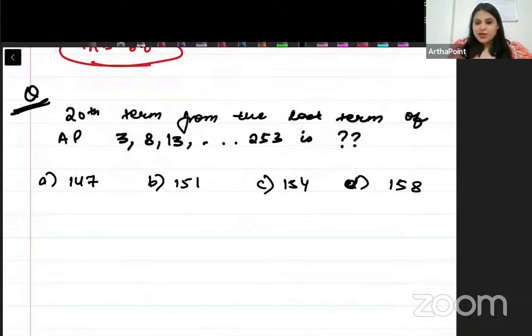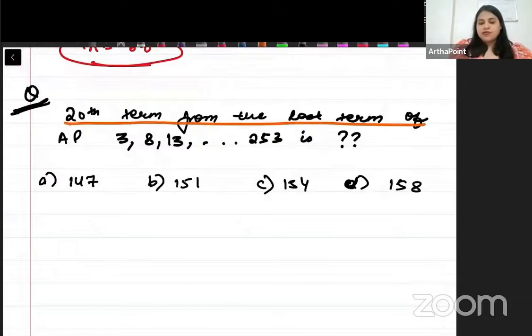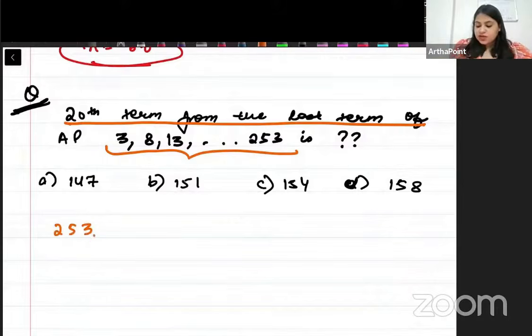But there is another trick to do these kinds of questions. It is asking the 20th term from the last. Tell me something, if I reverse this AP, can I write this as 253 dash dash dash dash 13, 8 and 3?